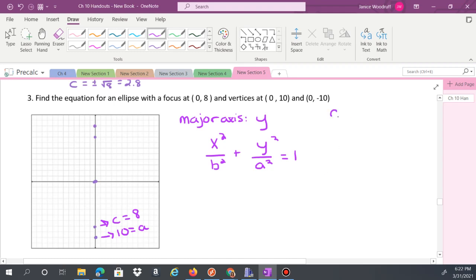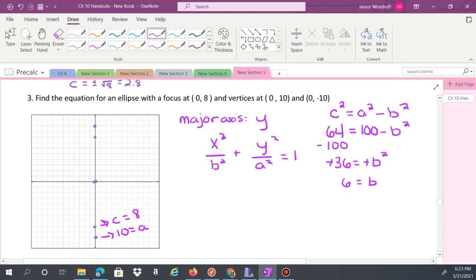So c squared equals a squared minus b squared. So c squared, that's 64. And then 10 squared is 100. So I believe that is what, 36? Yeah. So negative 36 equals negative b squared. There's your b squared, which means your b is 6.